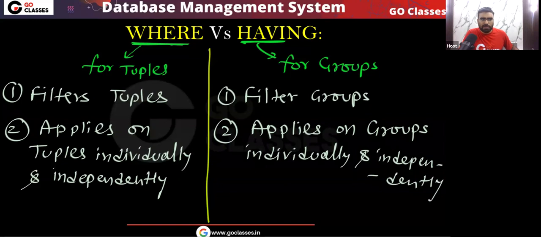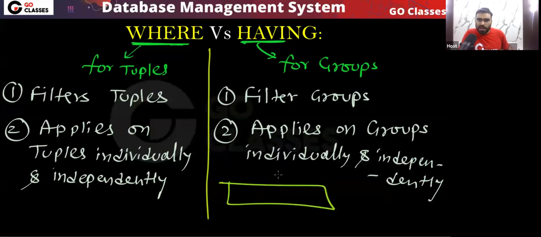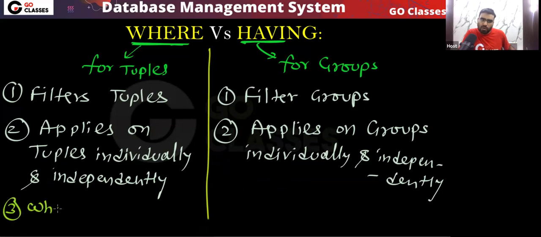Is this clear? And one more thing: is it possible that half a tuple can be selected? Means if this is the tuple, can you select half of it? No. Either the whole tuple will be selected or the whole tuple will be rejected.